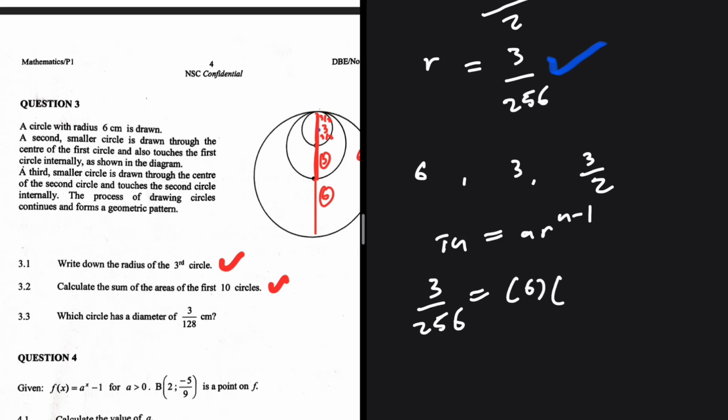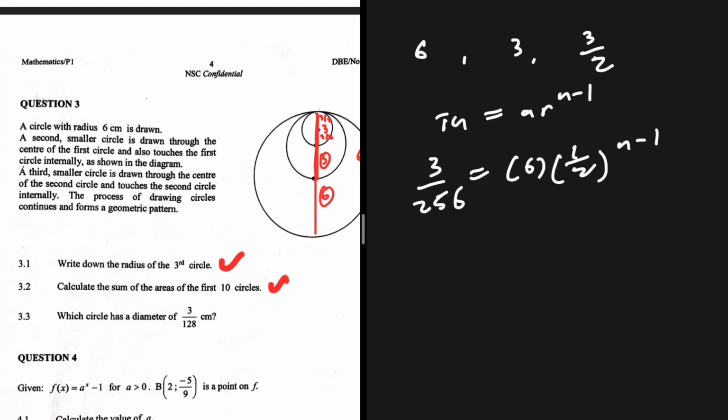R is 3 over 6, which is 1 over 2. So we have 1 over 2 to the power n minus 1. From the get-go, we can just divide both sides by 6. So I'm getting (1 over 2) to the n minus 1 equal to 1 over 512.